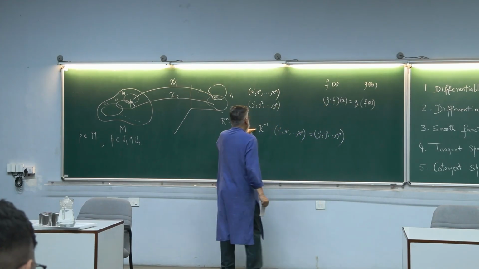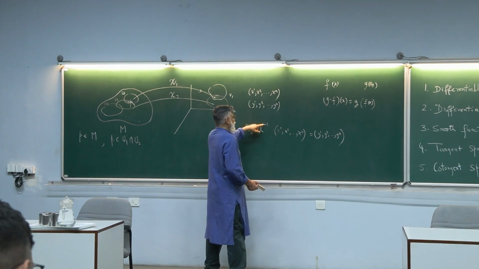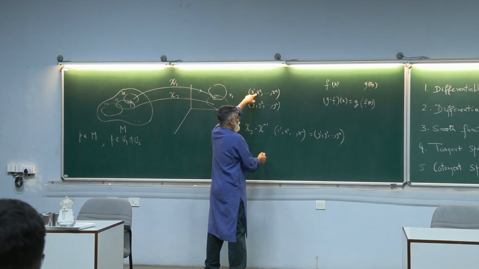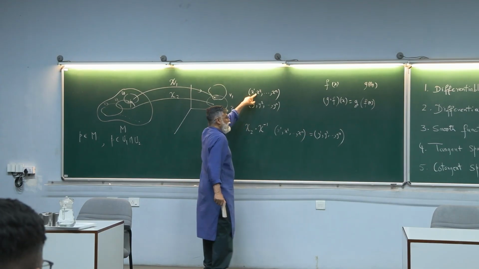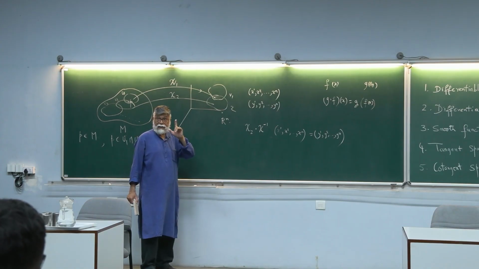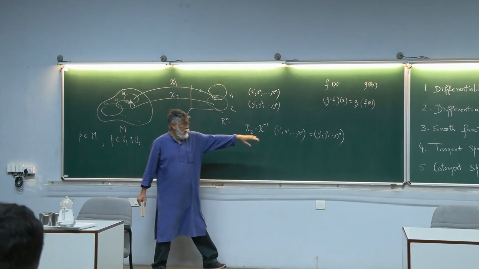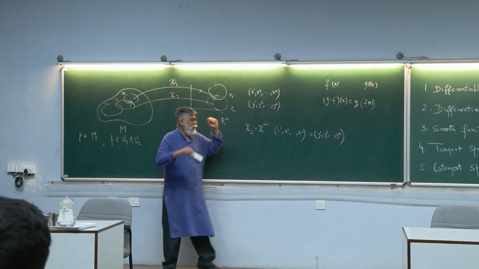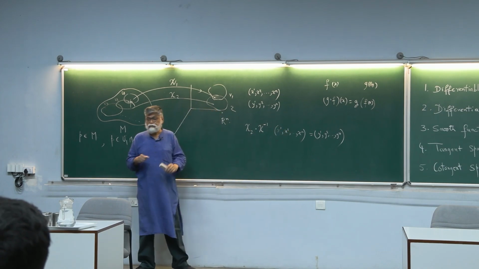So, chi2 composition chi1 inverse, which will act on this set of n real numbers, will take it to y1, y2, yn, another set of real numbers. So, it is a real function taking n real numbers to another n real numbers.